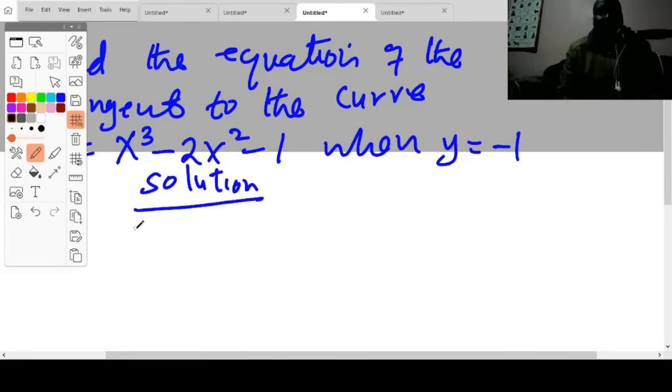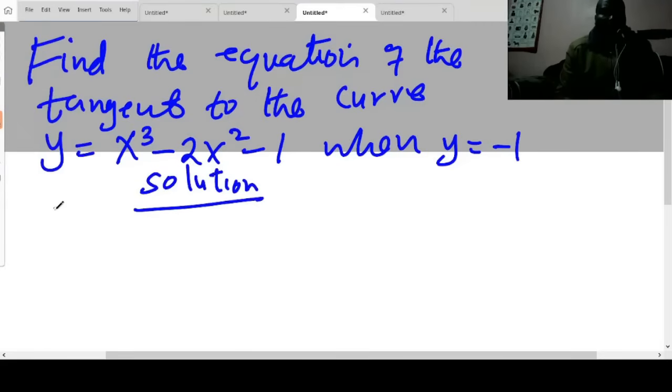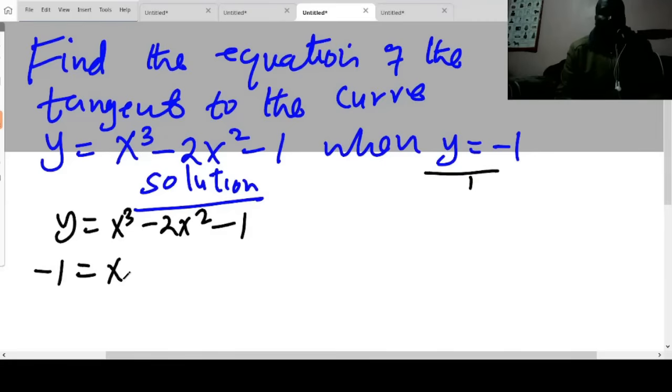So let's find the value of x. But y is equal to x cubed minus 2x squared minus 1. But y is equal to negative 1. So we substitute here, we say negative 1 is equal to x cubed minus 2x squared minus 1.